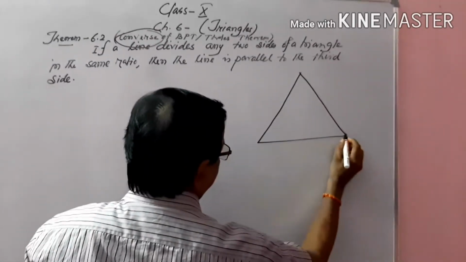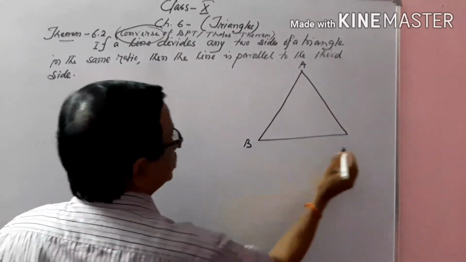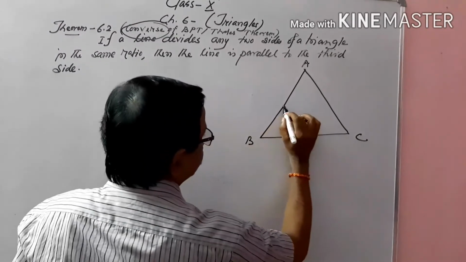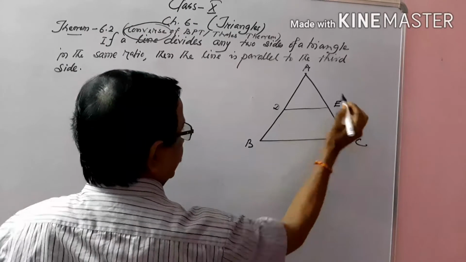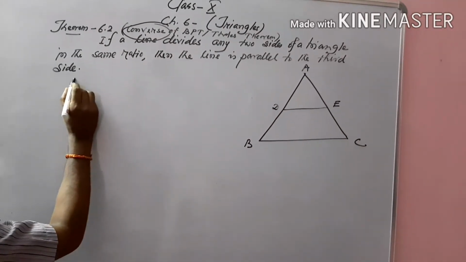First you draw a triangle and name it ABC, and DE is a line. First you write the statement.